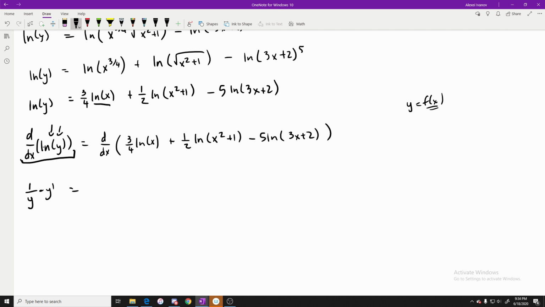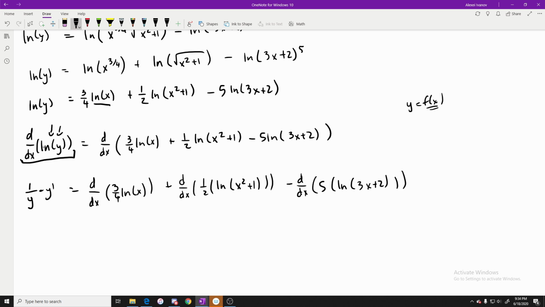And on the right side, we can see that this is just the sum of a bunch of functions, so we're going to apply the sum rule. There we go. We have used the sum rule to simplify, and now we are going to simplify these derivatives even further.